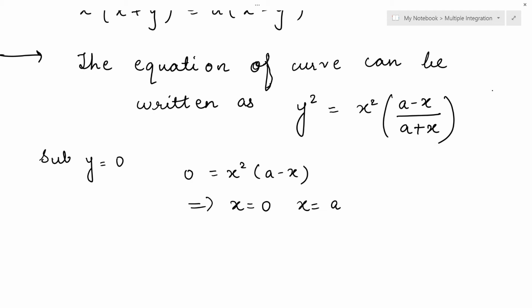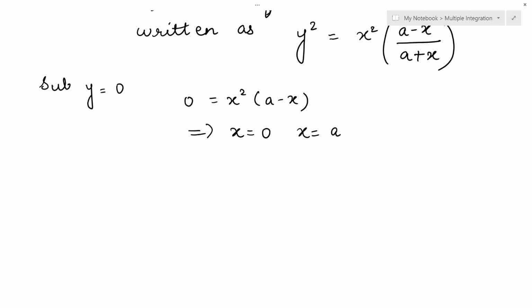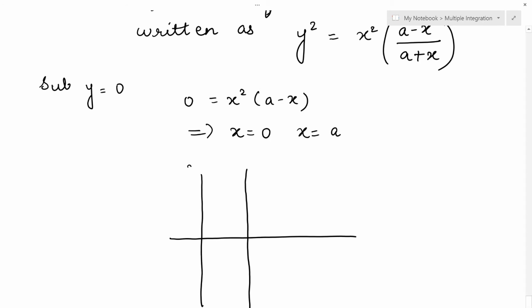Again, we will have to take a strip and then check the symmetry, see whether it passes through the origin, and whether it is symmetric to the curve. All these points you will check as you saw in curve tracing. Okay, so let's draw the loop. This is my y-axis, this is my x-axis.